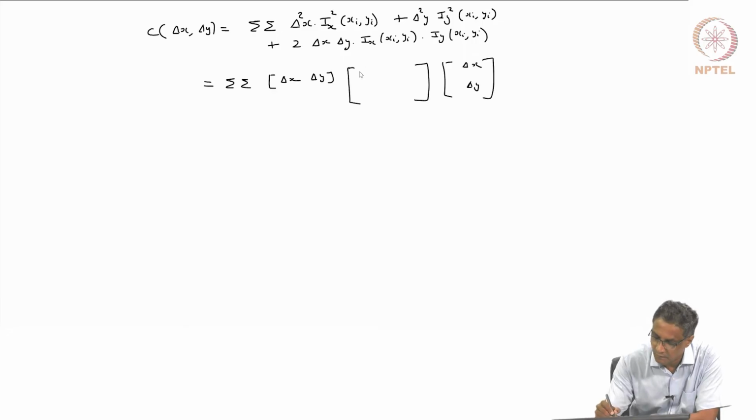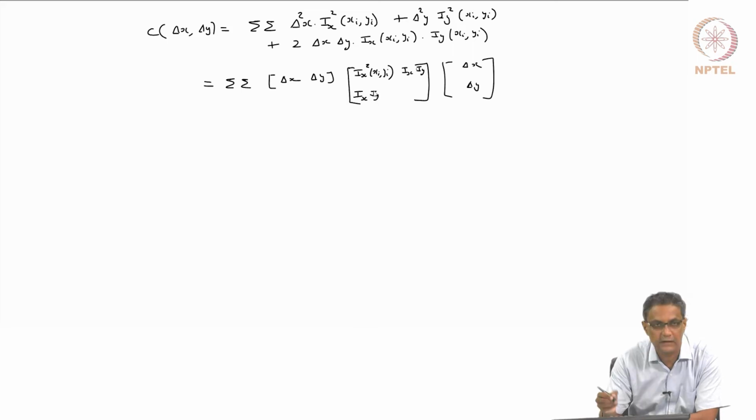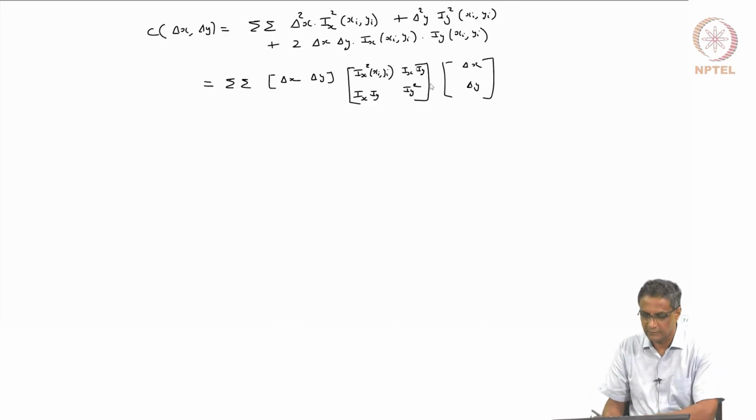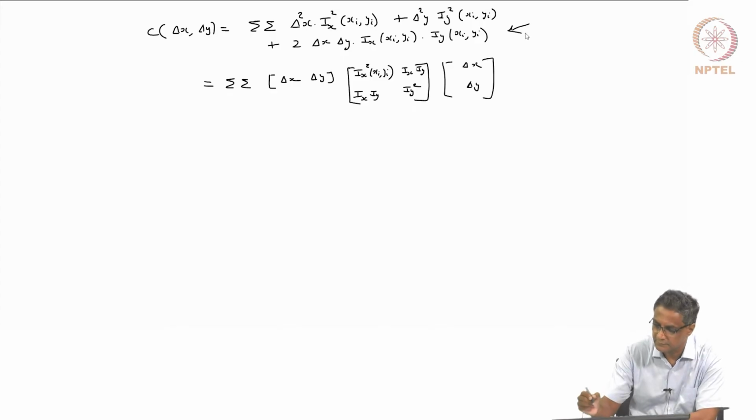Ix square, then IxIy, and IyIx, which is the same as IxIy, because these are all scalars. This is all gradient at a point, so it is okay to interchange the order, and then you have Iy square. This is the same as what you had here. This is easy to verify.